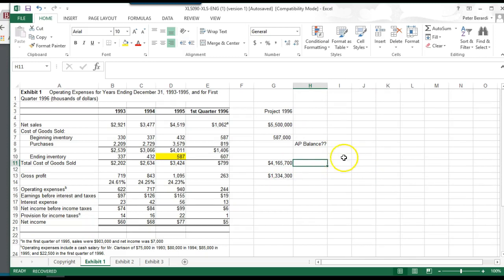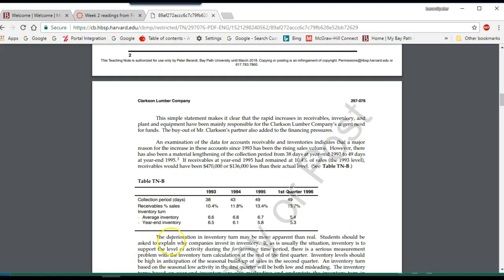So inventory turns for ending inventory is cost of goods sold divided by X equals whatever inventory turns number you want to derive, which is you can take an average of 6.5, 6.1, or 5.8, or use last year's number.